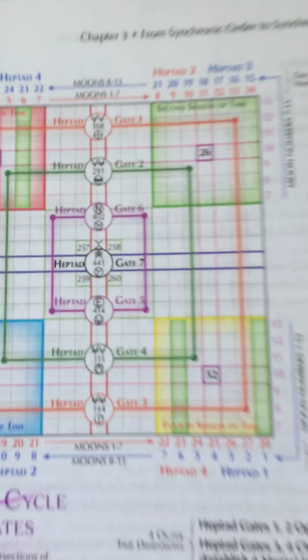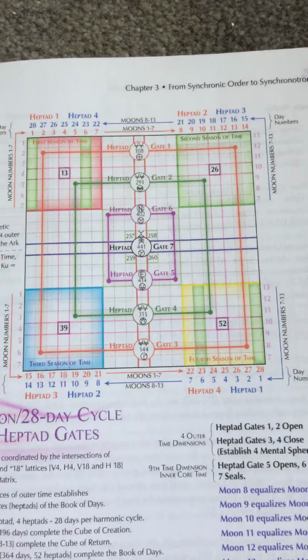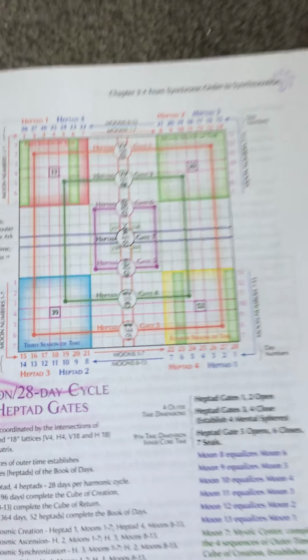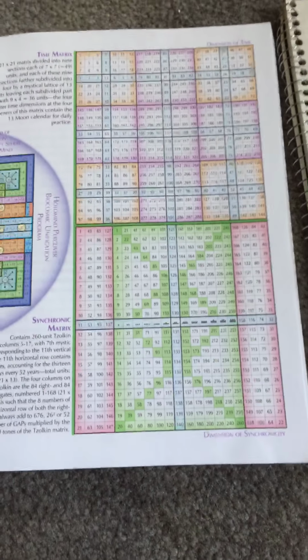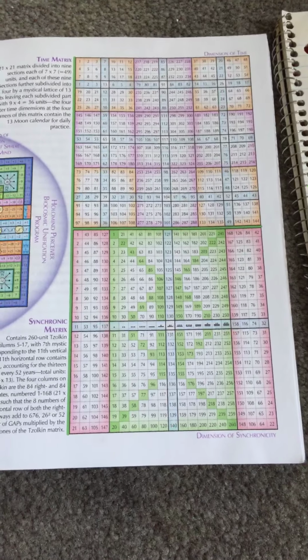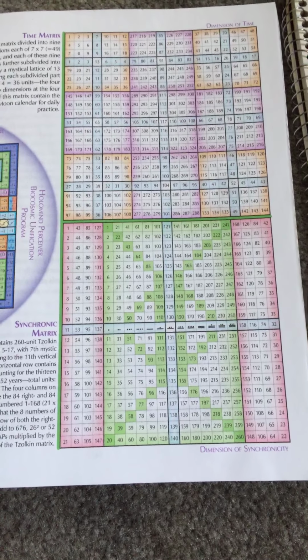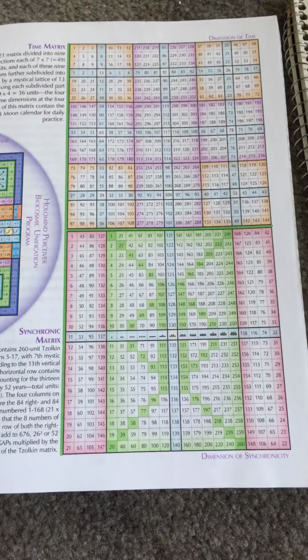There's also a little graph over here that shows how that actually works with the moons and the months. But I'll go over that at another time, perhaps. For now, I'm just going to calculate the daily numbers, and I'll point out any synchronicities with the numbers if I happen to see any.